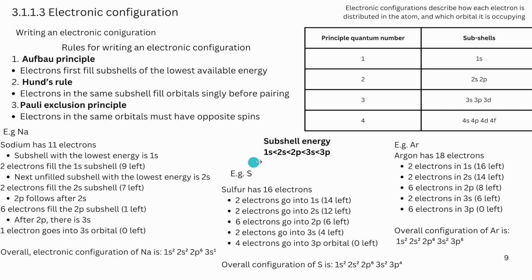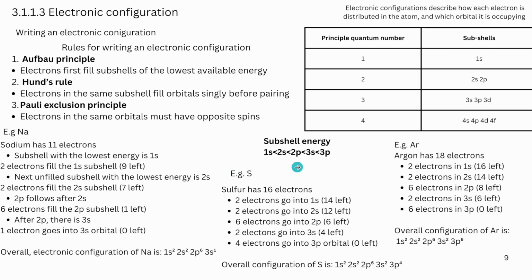Then after 1s there is 2s. It can also accommodate up to 2 electrons, so 2 electrons fill the 2s subshell with 7 electrons left. After 2s there is 2p. It can accommodate up to 6 electrons, so 6 electrons fill the 2p subshell with 1 electron left.